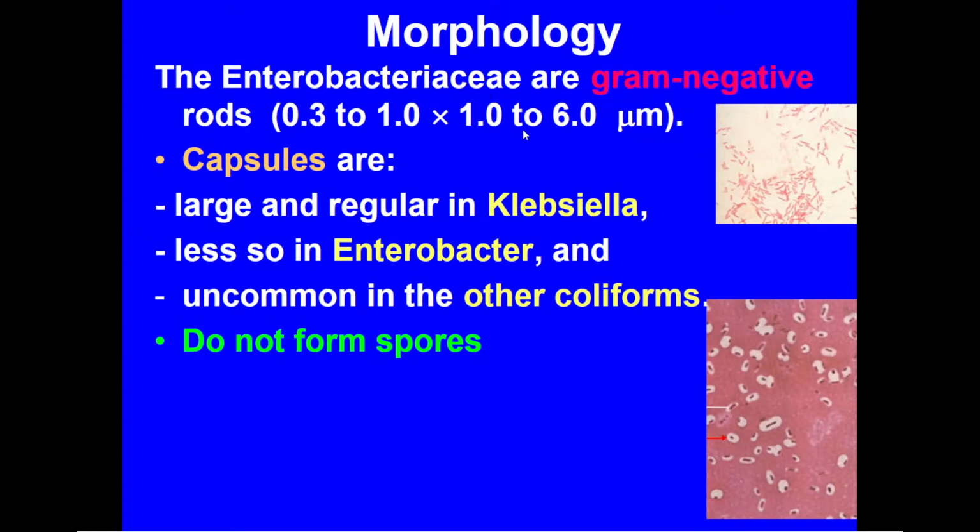Some of the rods may have a capsule, but of course not all of them. The member that is well known for the capsule is Klebsiella pneumoniae. You can see Klebsiella pneumoniae stained by negative staining, not gram-negative, but negative staining, where the background is stained.